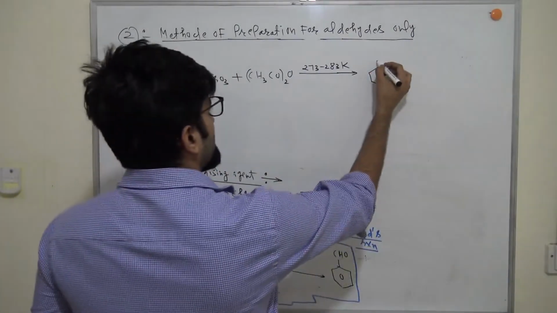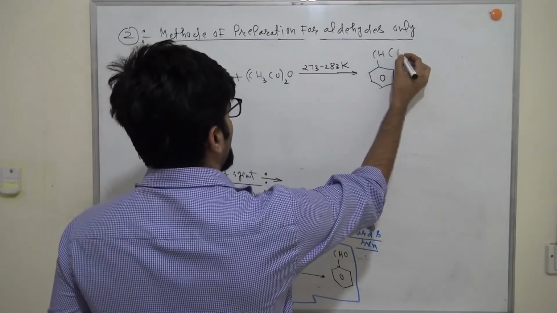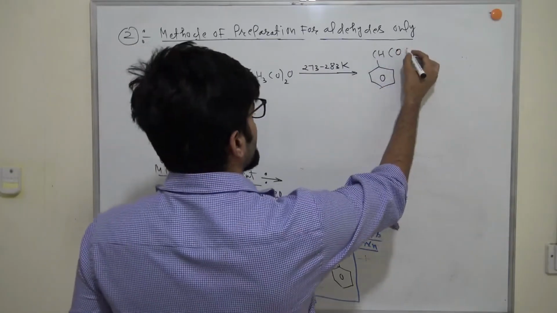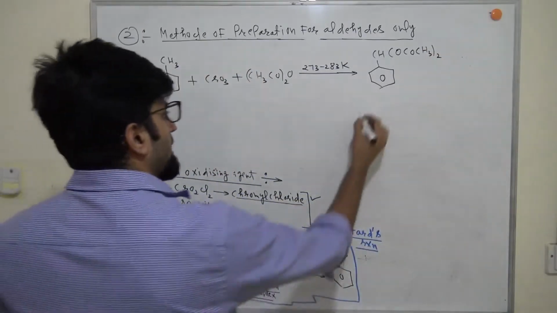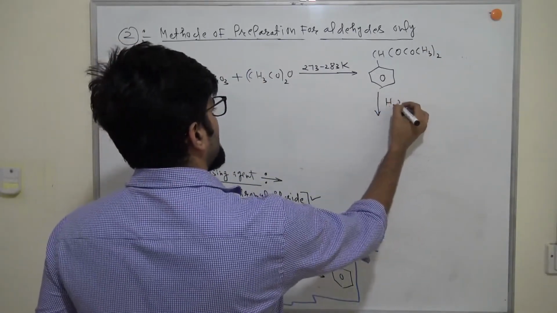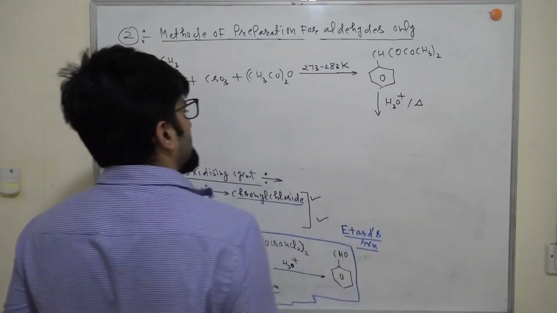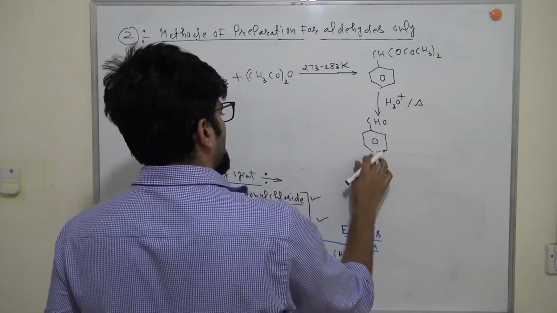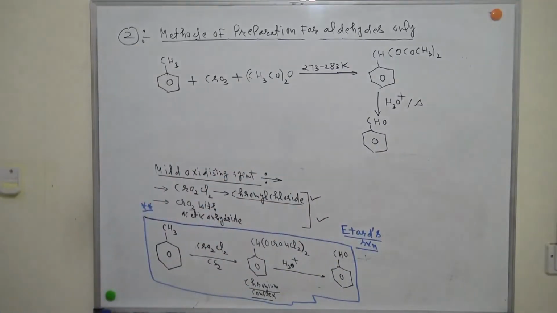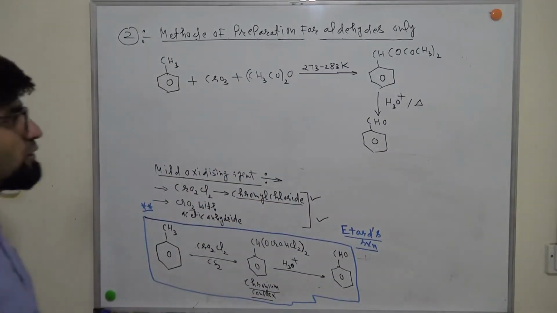That will be C6H5CH(OCOCH3)2. And if you do further hydrolysis and heating, then it will convert into benzaldehyde.